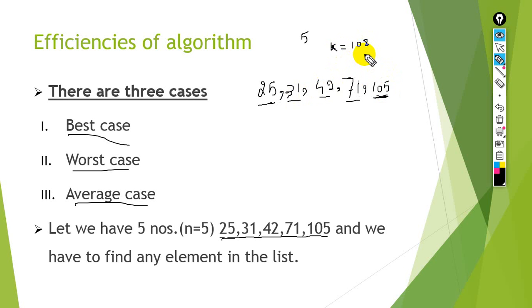So the item is not present in this list, but the algorithm made 5 comparisons. So the total number of comparisons, the total number of iterations it will take, is 5. This is the maximum number of comparisons.